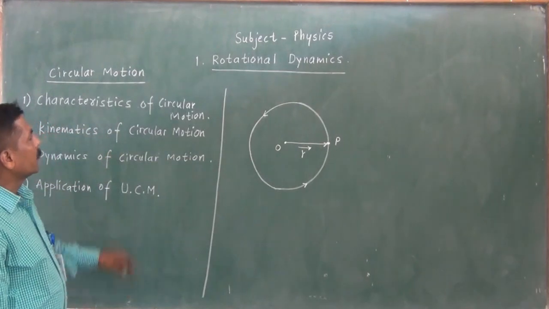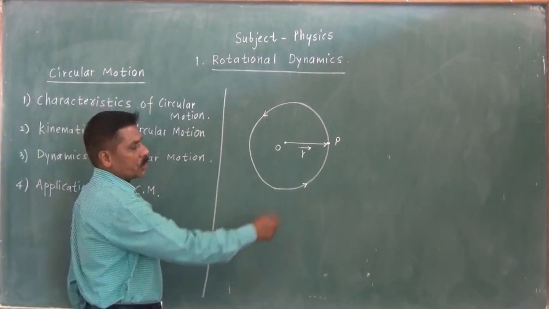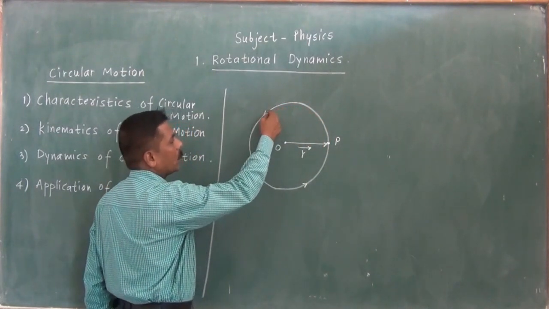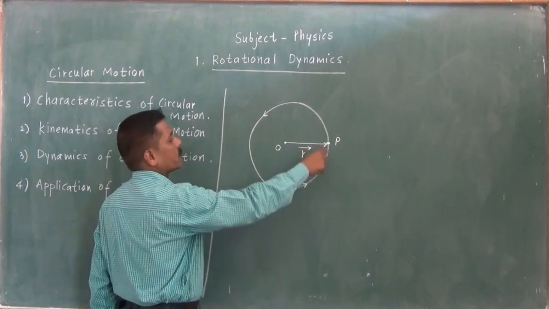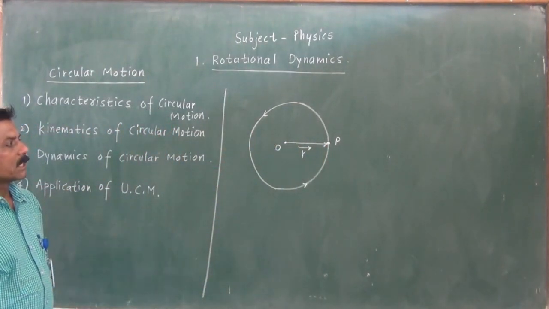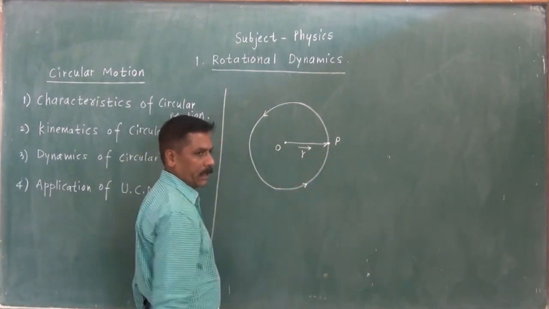Because we know the definition of circular motion: the motion in which the particle is moving along the circumference of a circle.